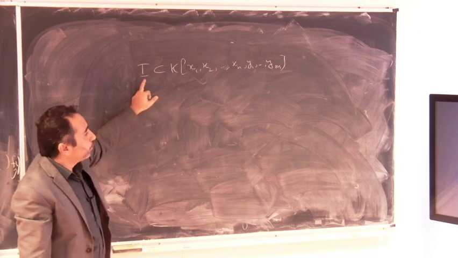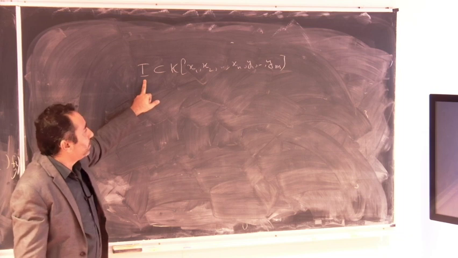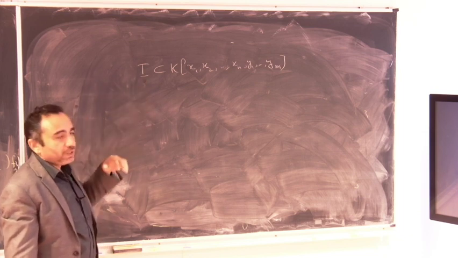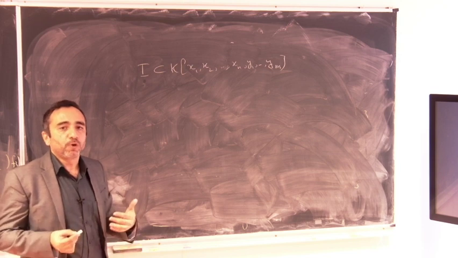We first need to compute the Gröbner basis of this I with respect to the given elimination ordering, and then when we have the Gröbner basis, that means we have a set of polynomials.